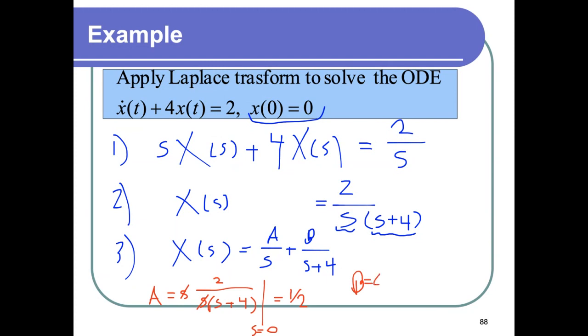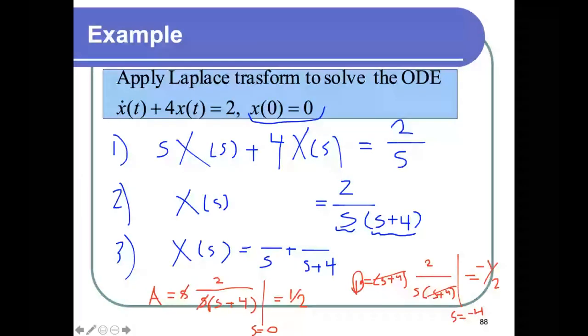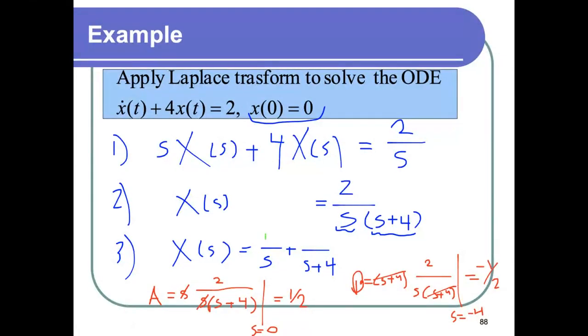So we multiply by s plus 4, multiplied by 2 over s plus 4. This is evaluated at s equal to minus 4. These two cancel out. So yes, we will get minus 1 over 2. So we got a as half and b as minus half. So we have here 1 over 2 minus 1 over 2.